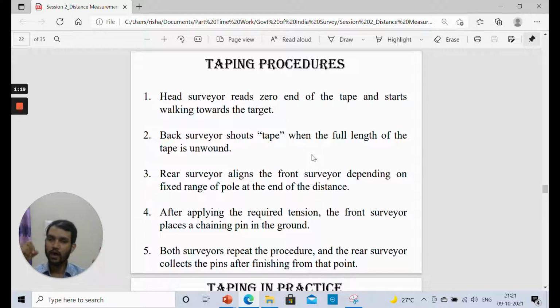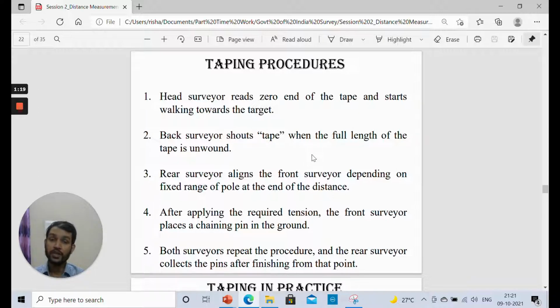So he will shout "tape", and at that point of time, the front surveyor who was going will locate that station on the ground with the help of a chaining pin, and the person standing at initial station A will guide him on whether the point where he is aligning that chaining pin is perfectly in sight with the leveling rod that has been placed at final point B, so that we get the shortest distance between those two points.